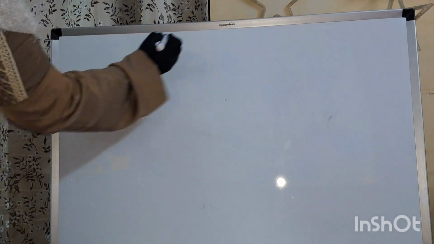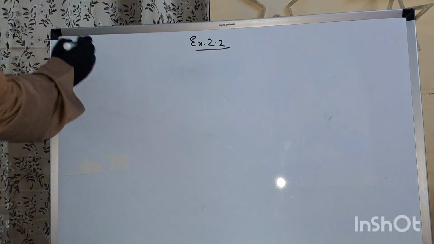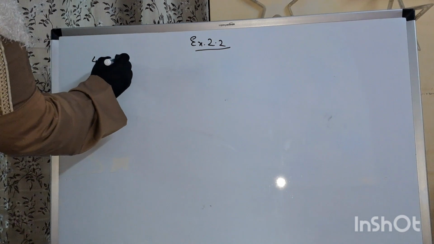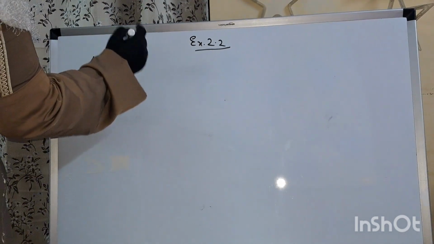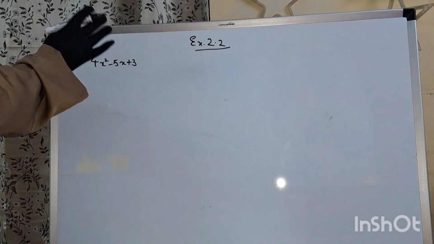Okay. So now let us see exercise 2.2, first question. Find the value of the polynomial 4x square minus 5x plus 3 at certain values they have given you: x is equal to 0, x is equal to minus 1, x is equal to 2, x is equal to 1 by 2.